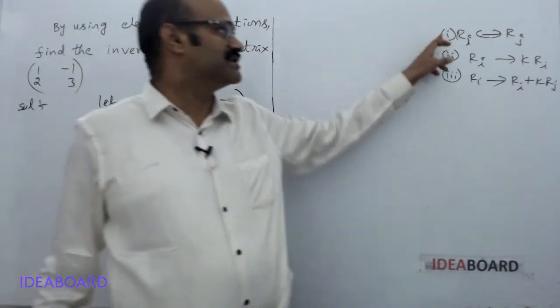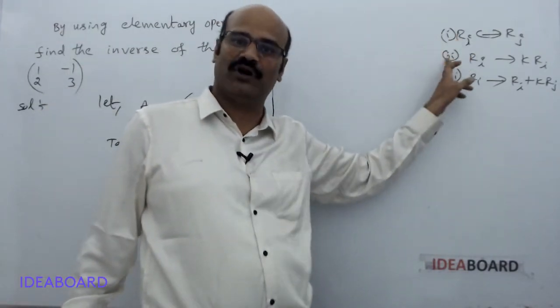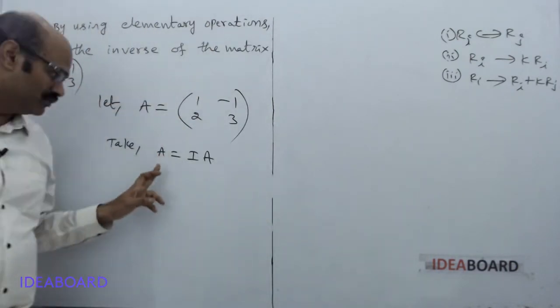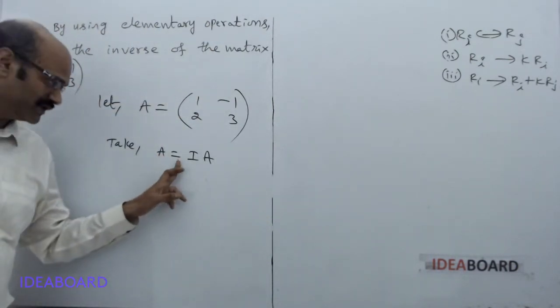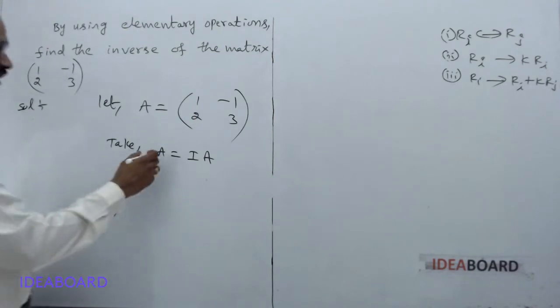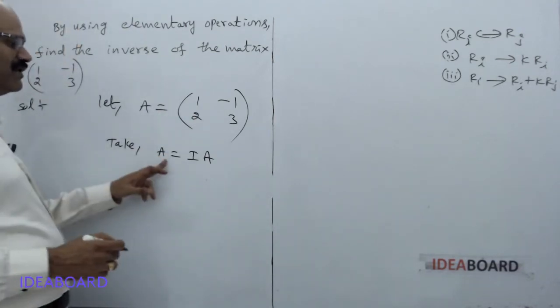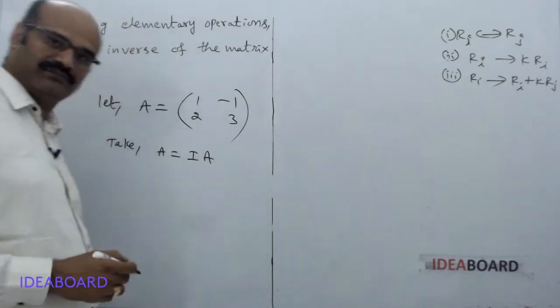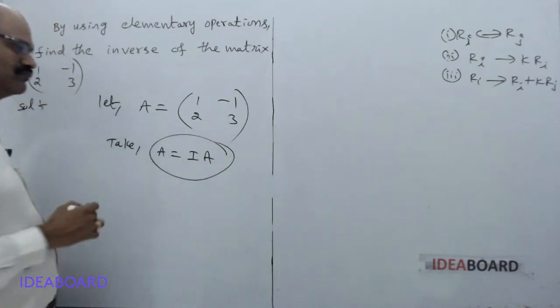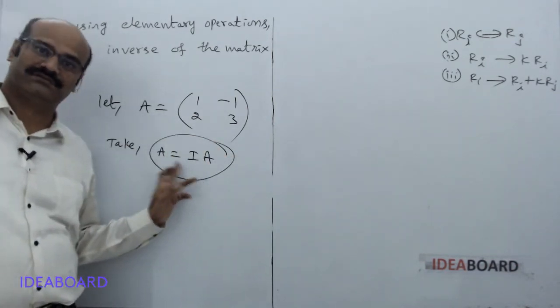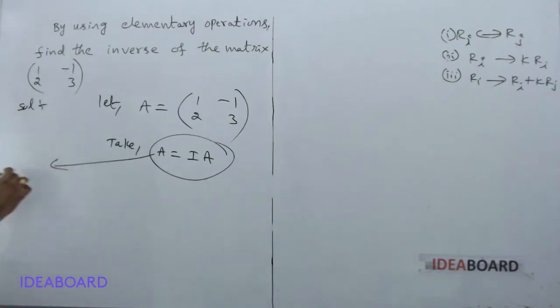These are the three row operations we have. By using these three row operations, we have to get this in the form I equal to BA. We have to solve it till we get I equal to BA. Then this B is said to be inverse of A.